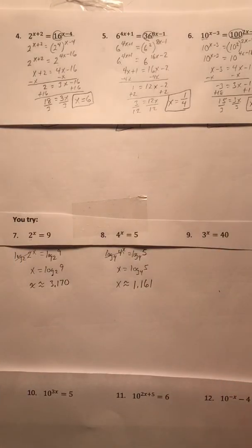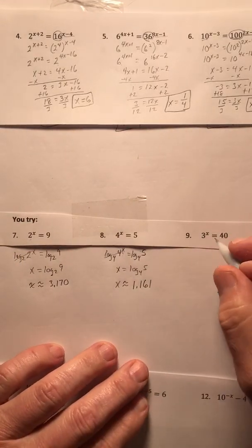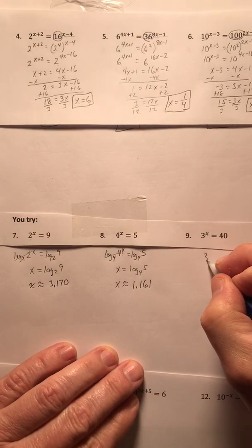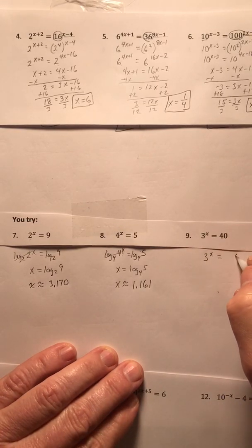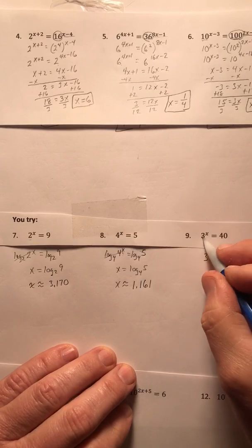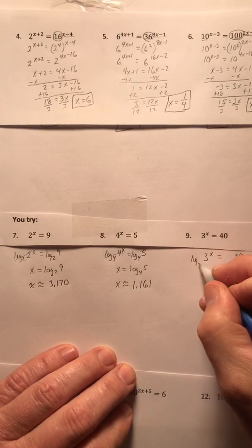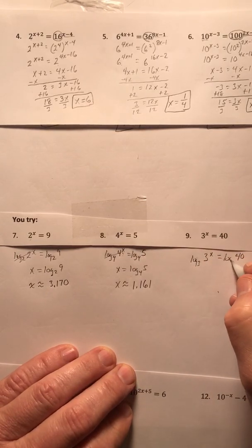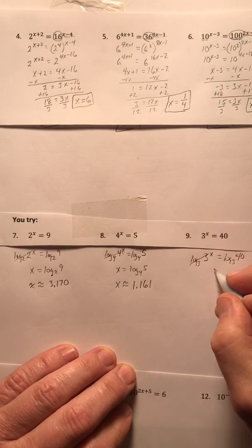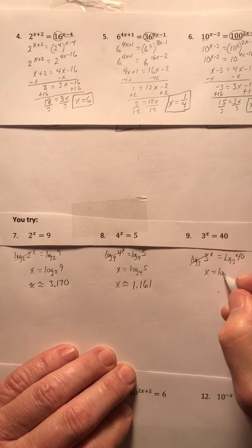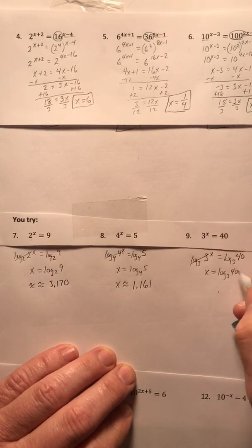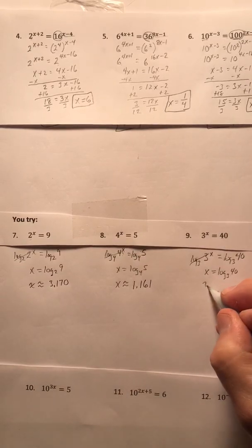All right, and then number 9, same thing. We have 3 to the x power equals 40. I'm going to do log base 3 on both sides. These cancel out. I get x equals log base 3 of 40. And again, I'm going to use my change of base formula.